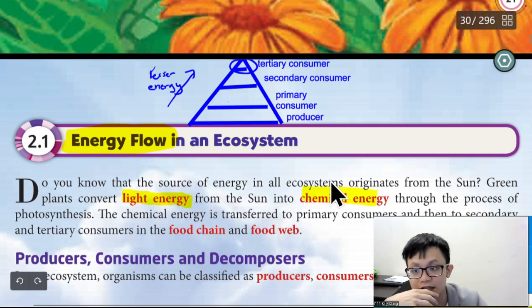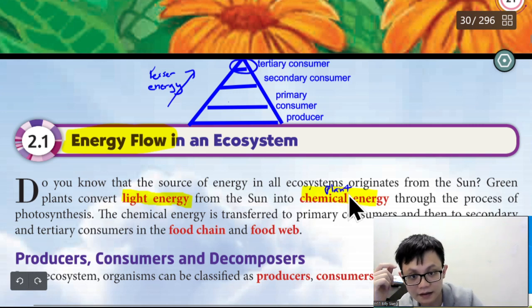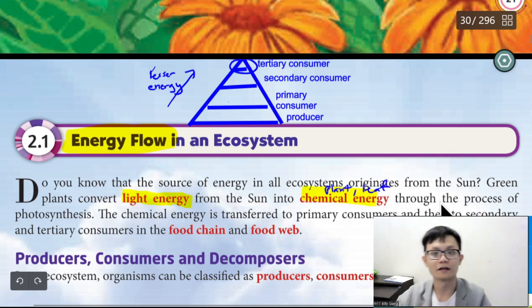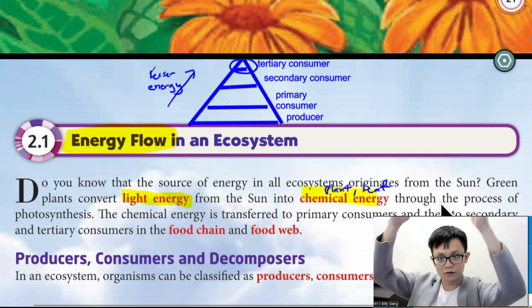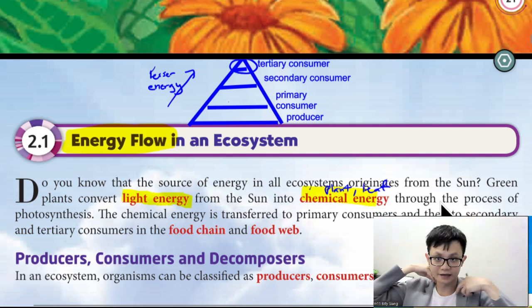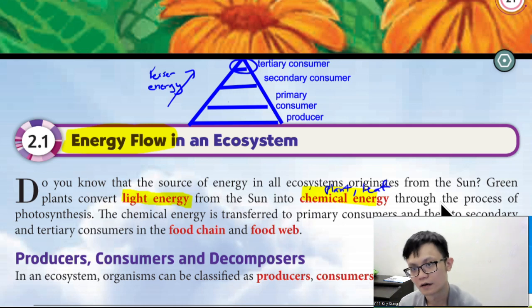So it's stored in the plant, correct or not? Stored in the plant, in the leaf, correct or not? Then the tree grows. That is where the energy is, correct or not?